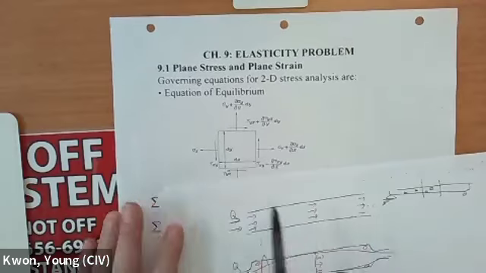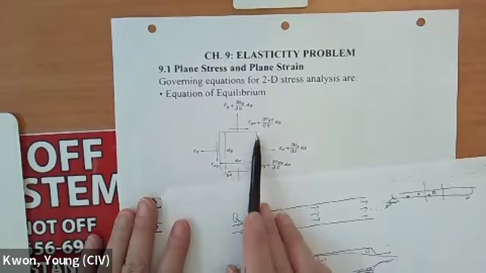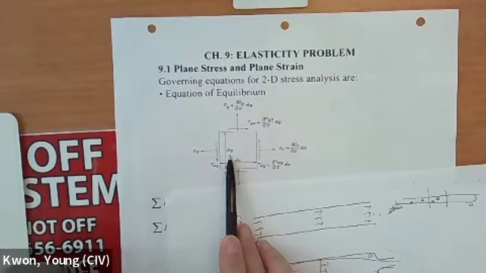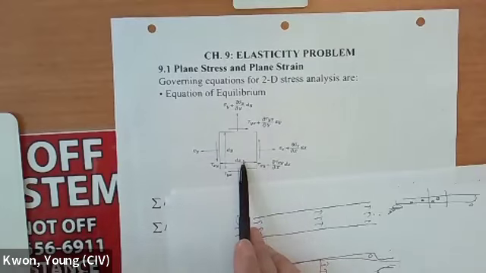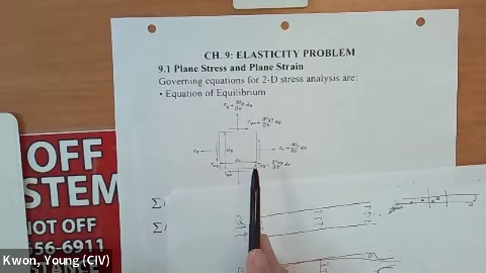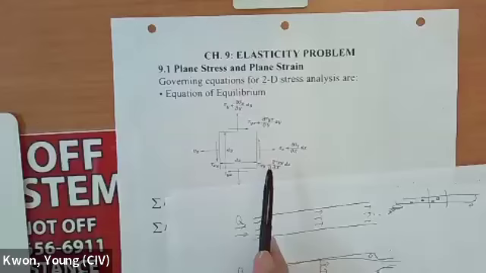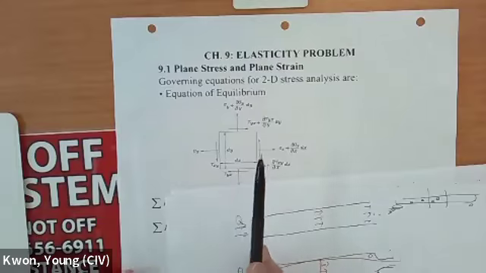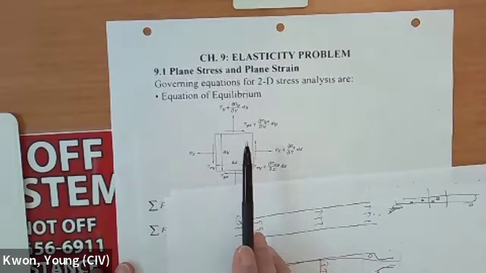So we are looking at an infinitesimal element, dx and dy, and dx, dy mathematically go to 0. So this is going to approach a single point. In other words, we want to maintain equilibrium at every single point. That's the main idea. So that's the concept of theory of elasticity.